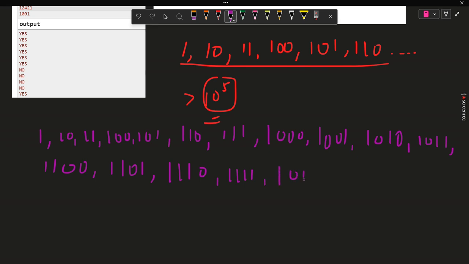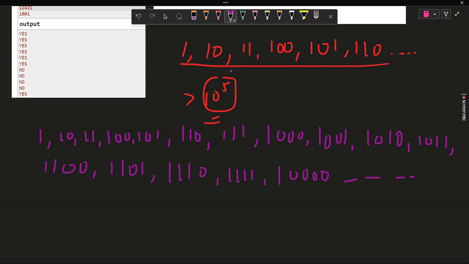After that 10000, and so on. I guess there will be almost 32 or something.